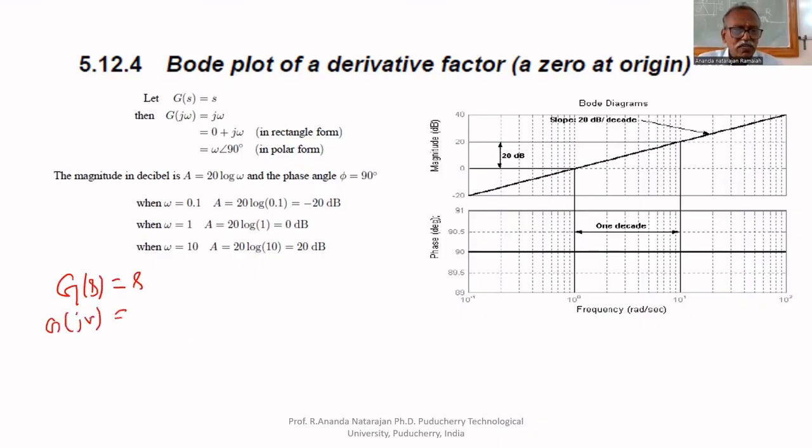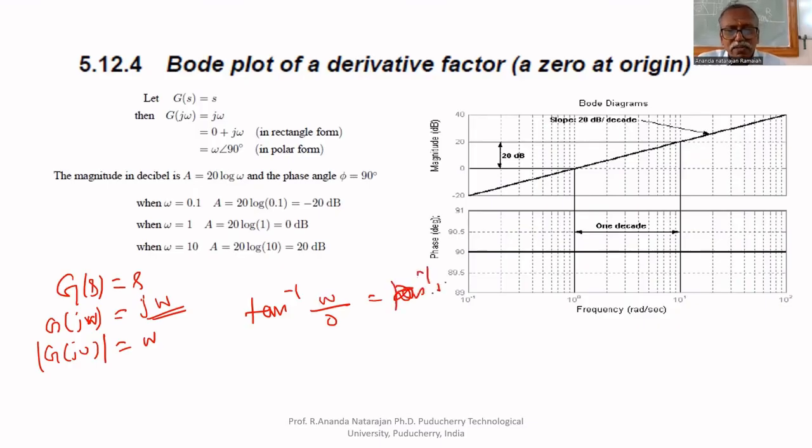G of j omega equals j omega, so the modulus is omega and the angle is tan inverse of imaginary part over real part. The imaginary part is omega and the real part is 0, so tan inverse of infinity equals 90 degrees. So the angle of G of j omega is always 90 degrees.